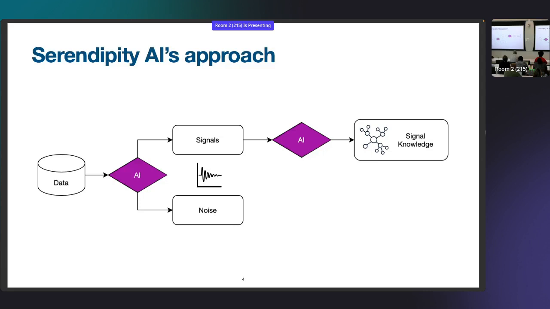And then with the second step, we want to extract also the knowledge from the signals themselves. We will delve into this twofold approach in the next few slides.